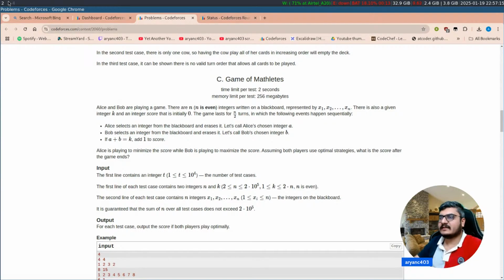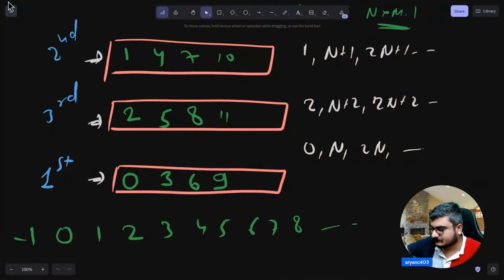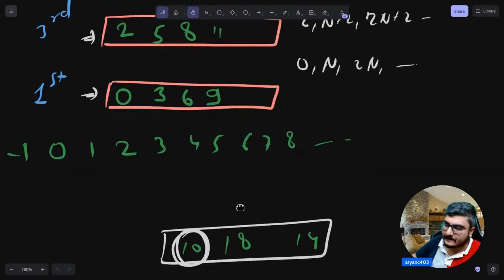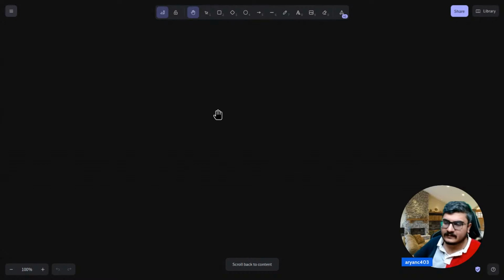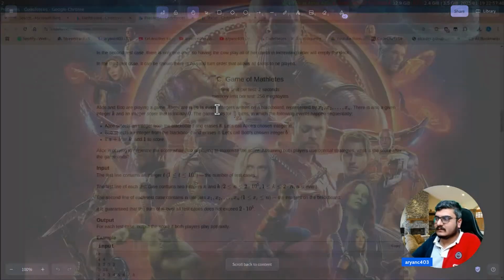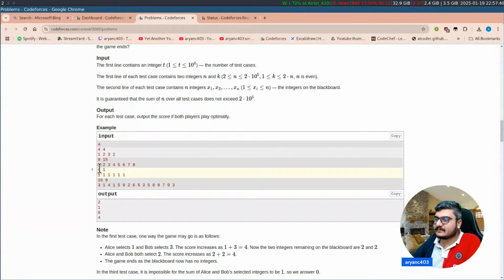Okay, so the game is defined as follows. So it says you have 2n integers. Let's pick one of the samples here.